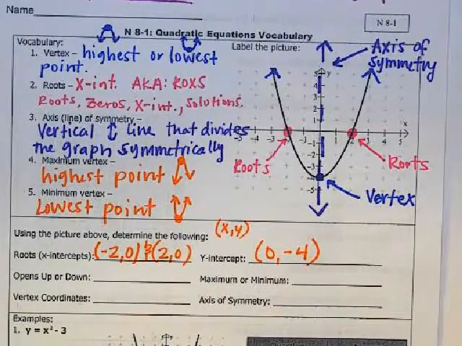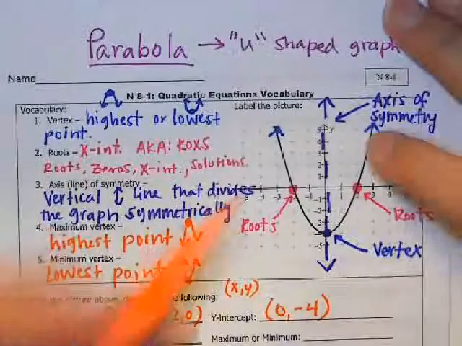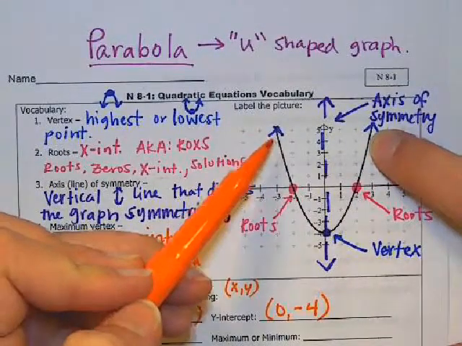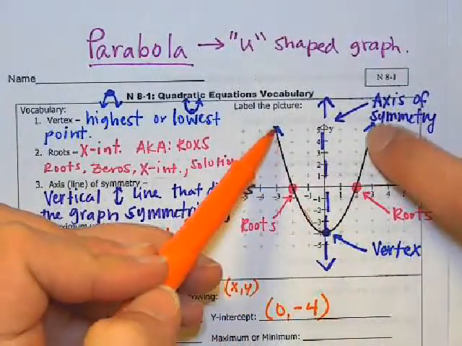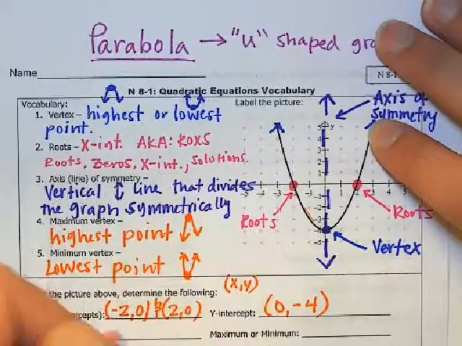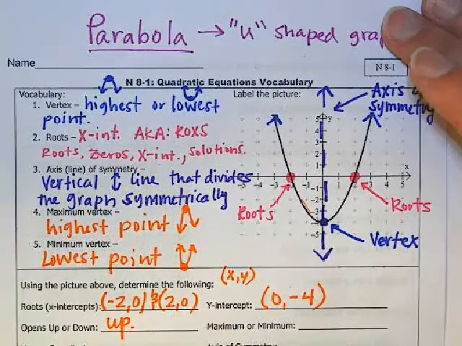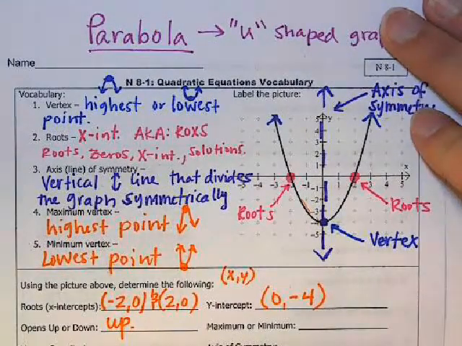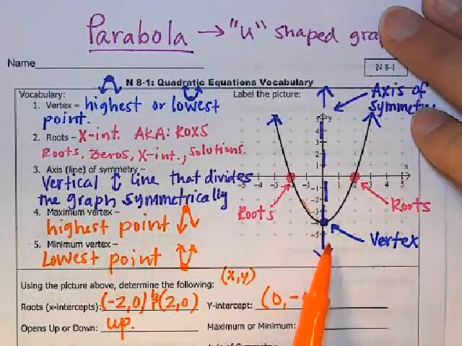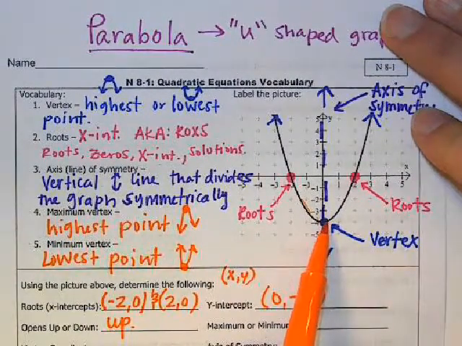Okay, does this graph open up or does it open down? Remember how we drew our arrows on the ends? Our arrows are going up, so this graph opens up. Is this a maximum or a minimum vertex? Well, is my vertex at the top or the bottom? The bottom.